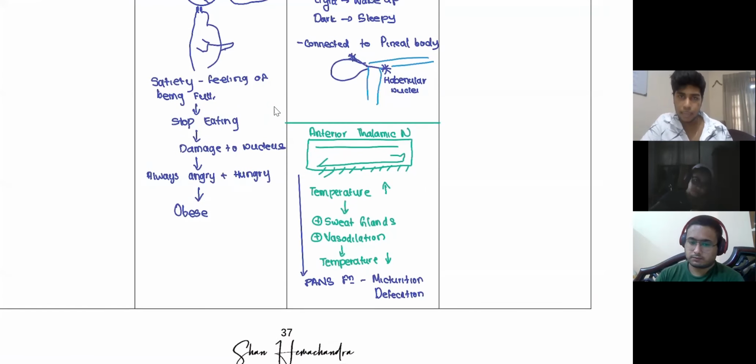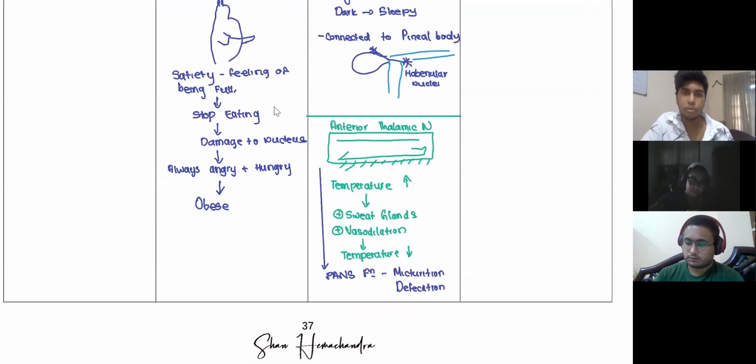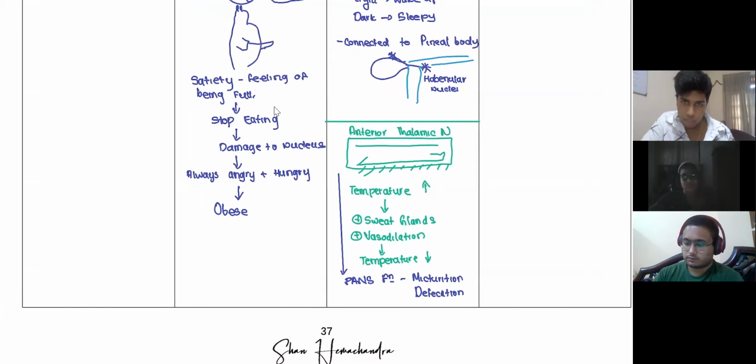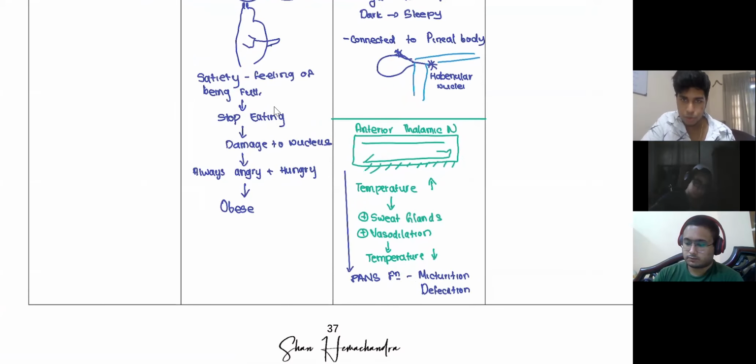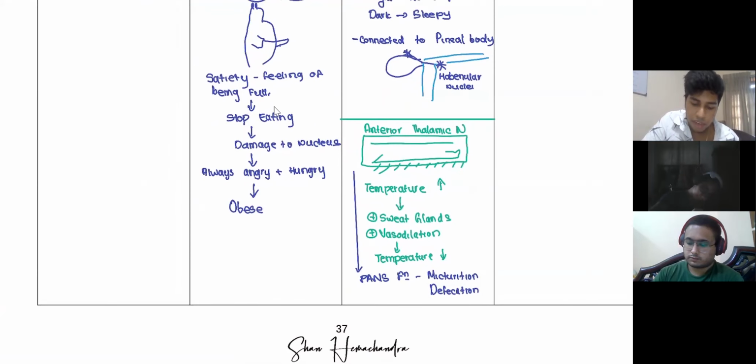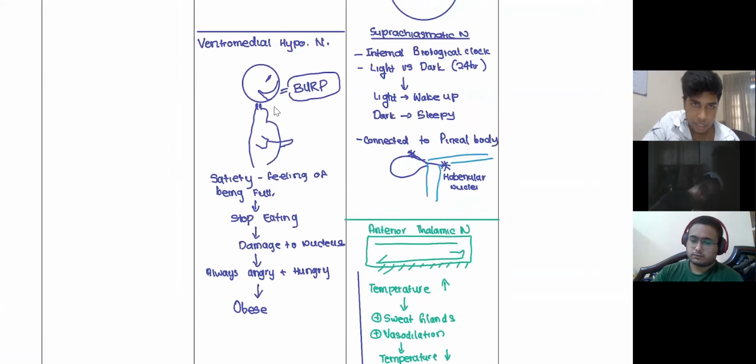Remember, the anterior thalamic nucleus is the AC of the body. When the temperature goes up, it detects it and causes sweat glands to produce more sweat and causes vasodilation to bring the temperature down. It also is helped by the parasympathetic nervous system, which slows down the body. And there are some other parasympathetic nervous system functions, which include micturition and defecation.